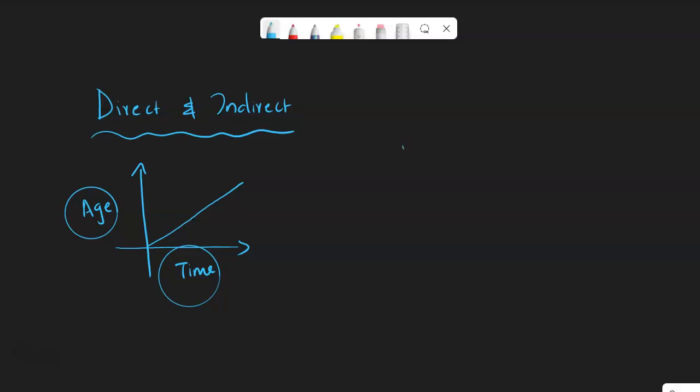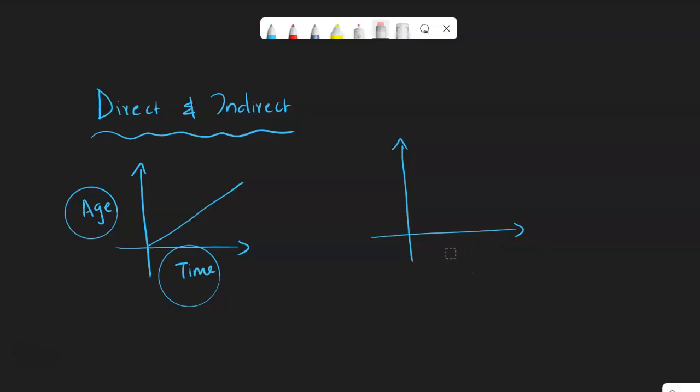Okay, let me give you another example. This is the quantity or measure of, let me change the axis.